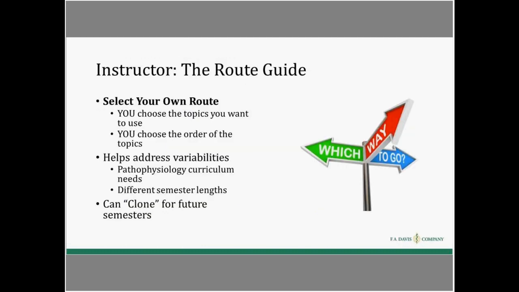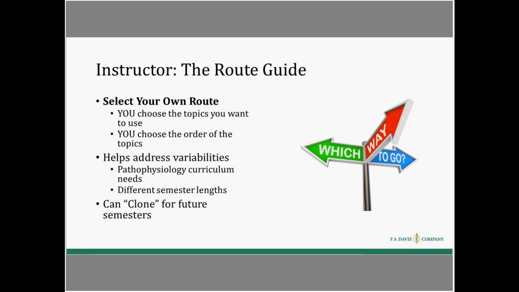One of the things I most enjoy is that you get to choose the topics you want to use. In my experience, unlike anatomy and physiology, which it doesn't really matter almost what publisher you're going through or which textbook, the sequence is pretty standard, bones and then muscles and nerves and so on.